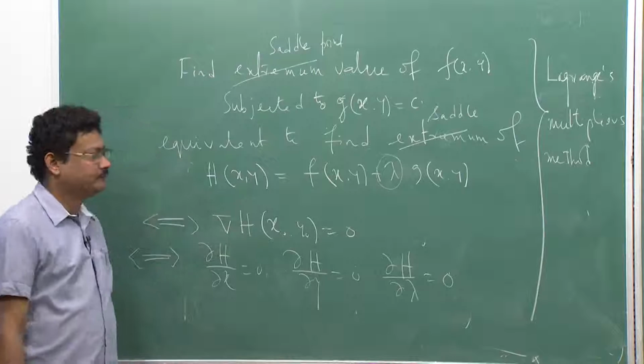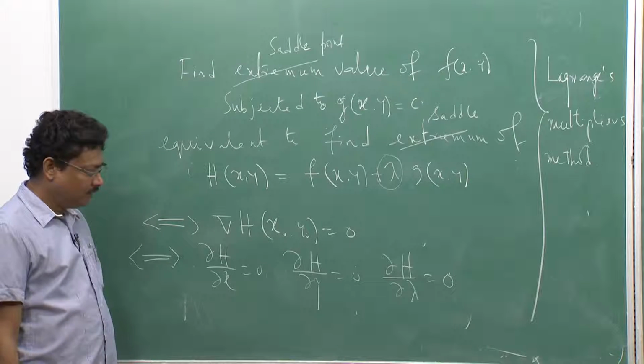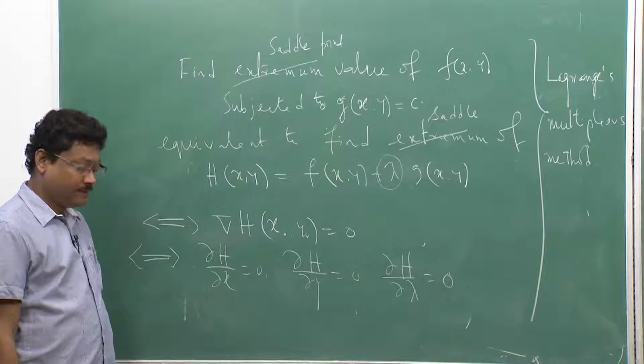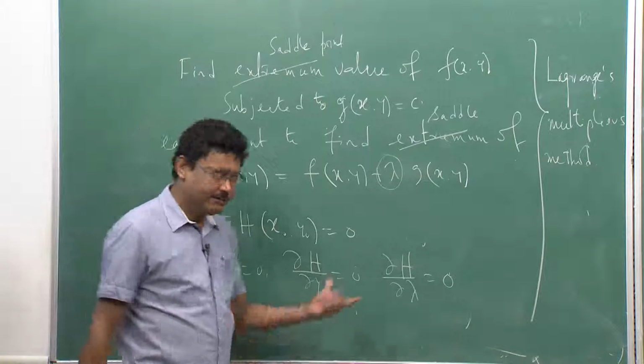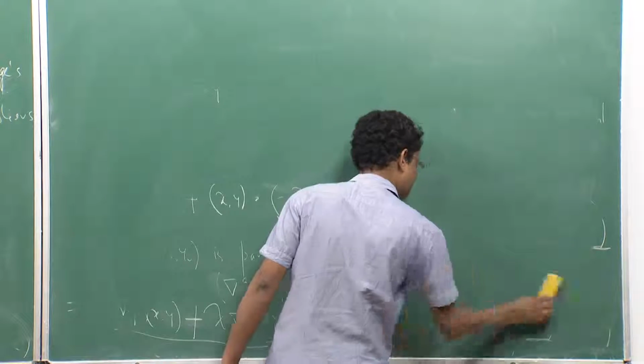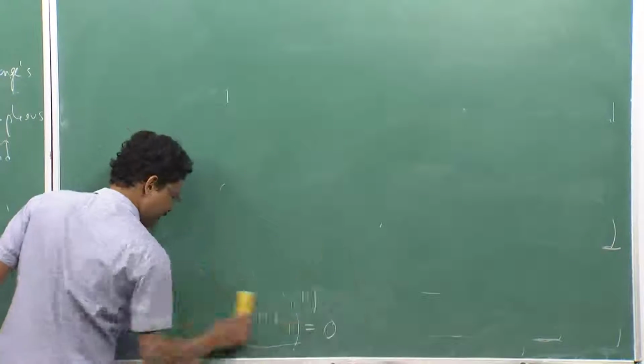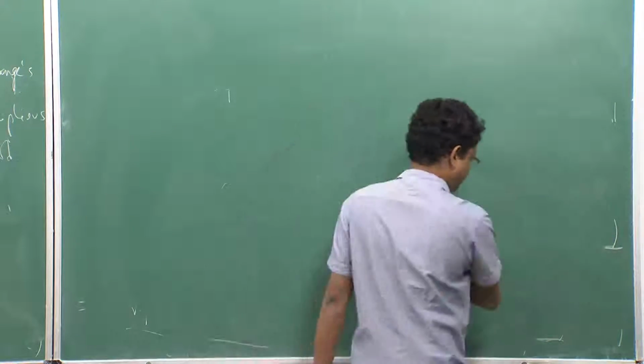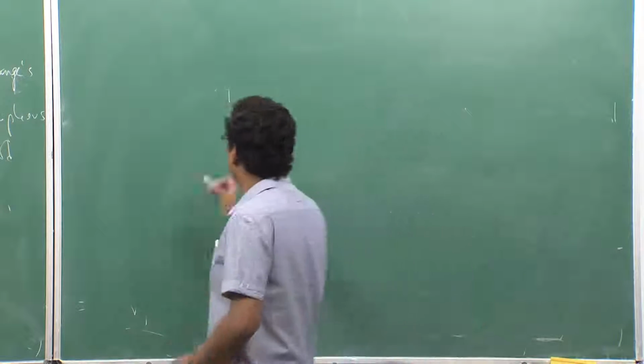Okay? It's clear? Let me get back to the example and show how it is done, and how we have to decide its extremum, whether it's a minimum, maximum. That depends on the geometry of the problem, and the example I wrote down will illustrate this point very well. So, what was the example?